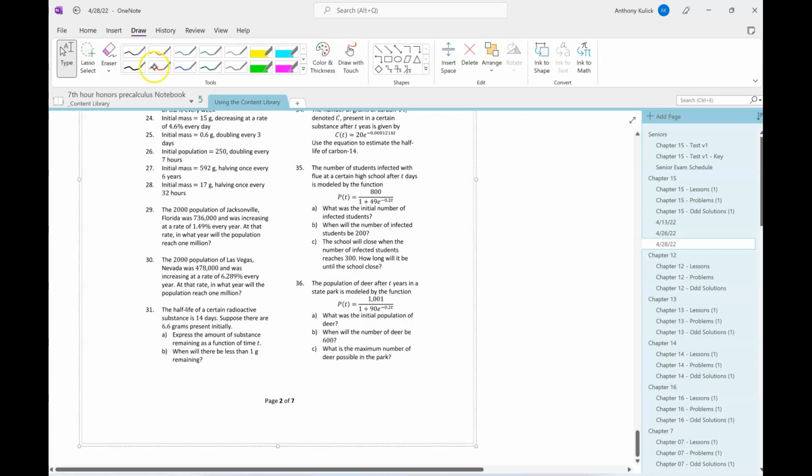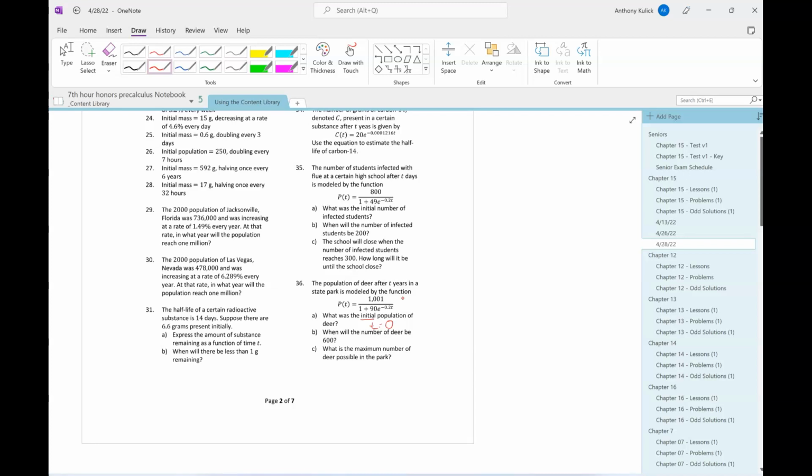So then what would be the initial population? The initial population is at time 0, so I would just plug 0 in for t and evaluate that. So you'd get 1,001 divided by 91, whatever that number is. 12 or something, I don't know.